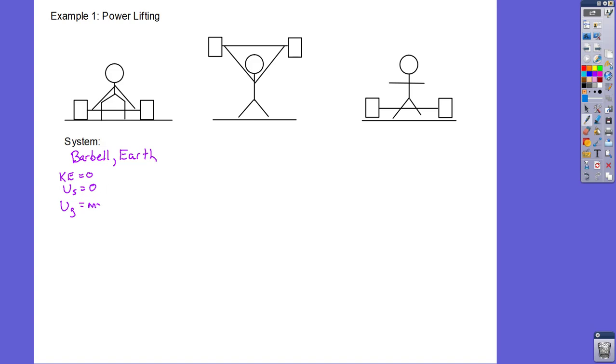That's equal to mgh, but h here would equal 0, so we've got no energy in the system. Now, the person picks up the barbell, and let's say that is 2 meters right there. And let's give the barbell a mass, a nice convenient number, 100 kilograms.